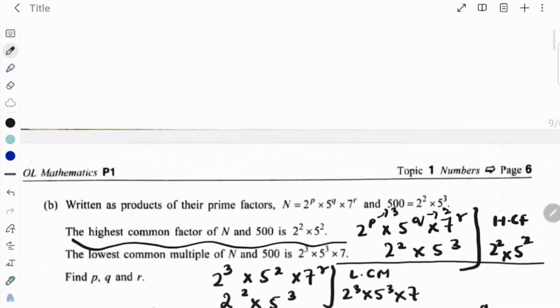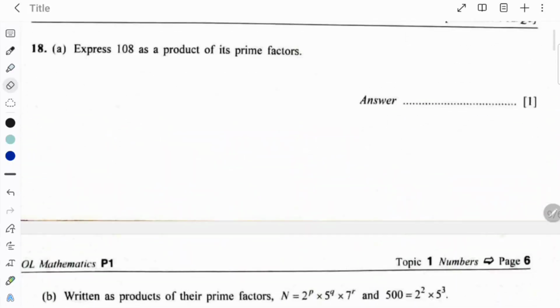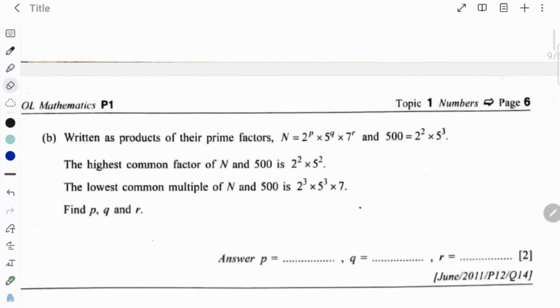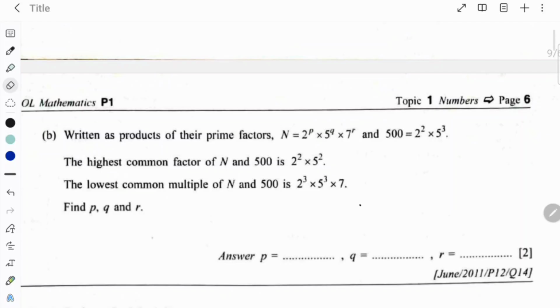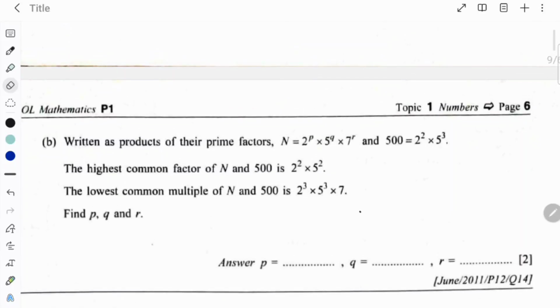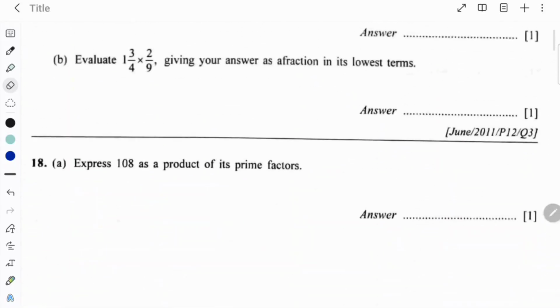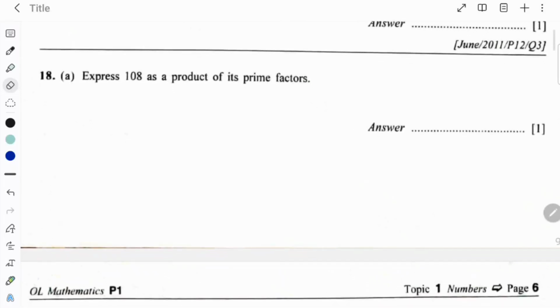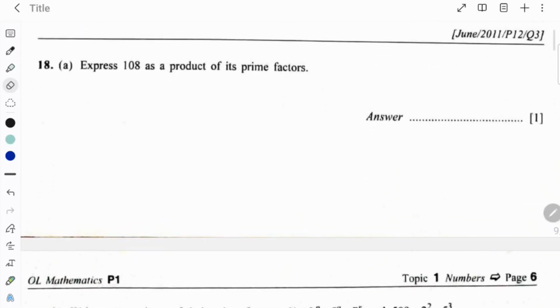Alright, the next question is June 2011 paper 1 2 question number 14. Express 108 as a product of its prime factors. So we are going to find it by prime factorization now. 108.